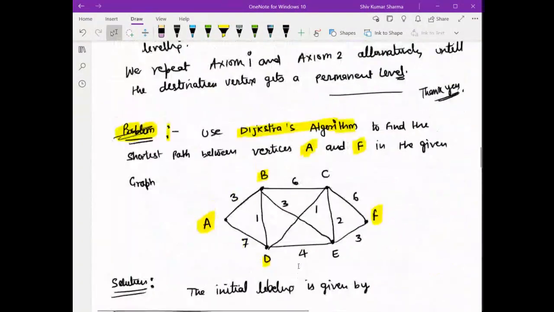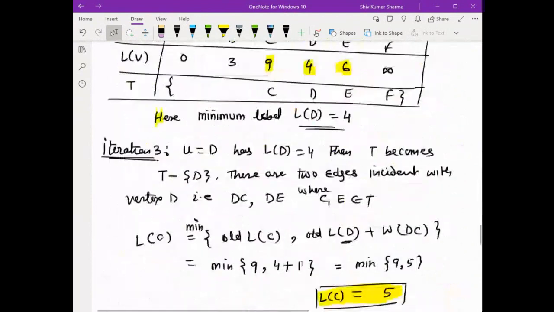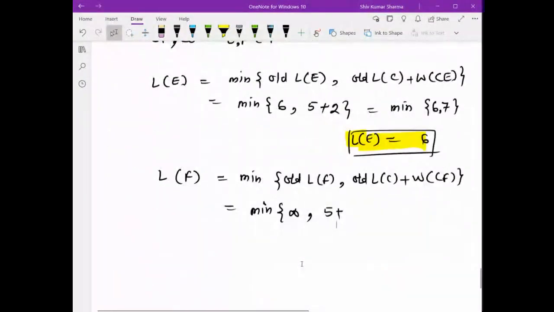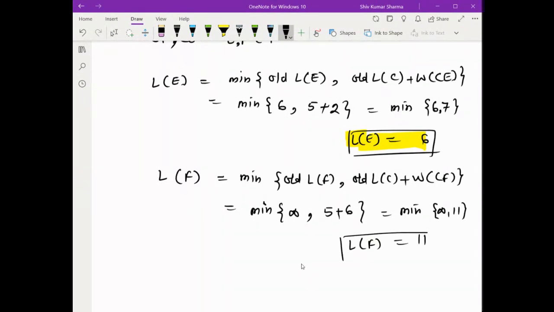What is the weight of CF? Weight of CF is 6. So this is the minimum of infinity and 11, which is 11. So the level of F is equal to 11.